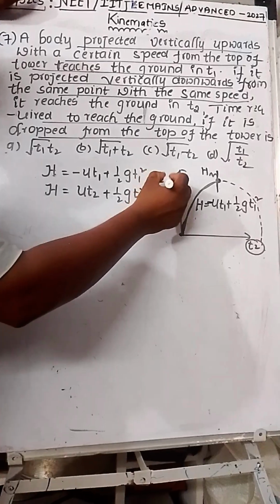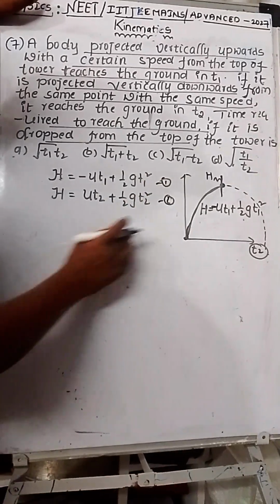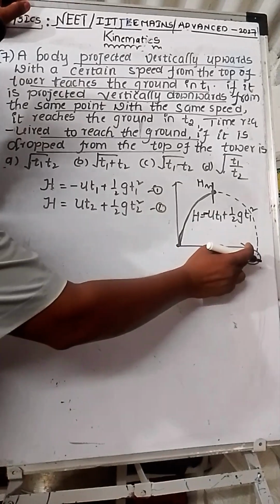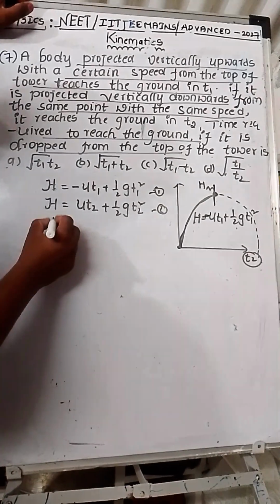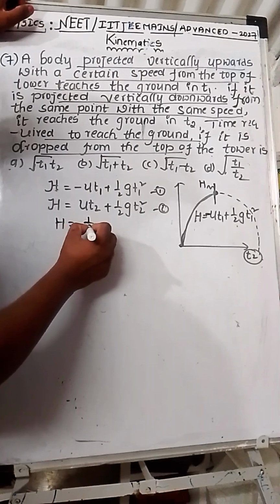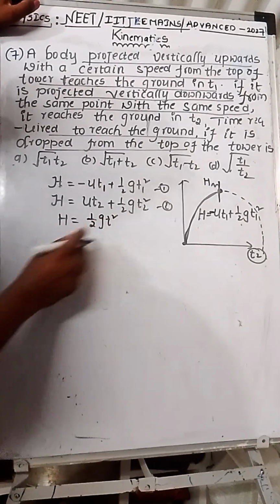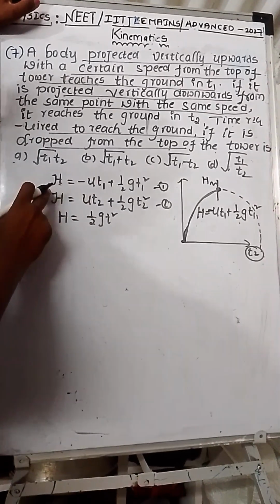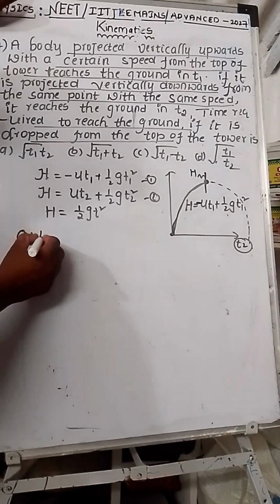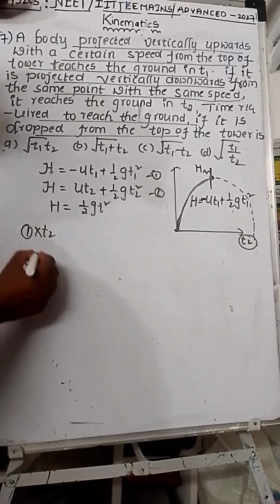So the first and second equations are given. Now what about the third one? Finally it reaches the ground, so the third equation is h is equal to initially 0, so 1/2 g t square.